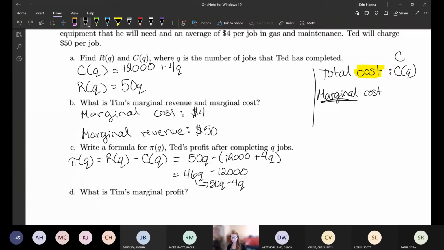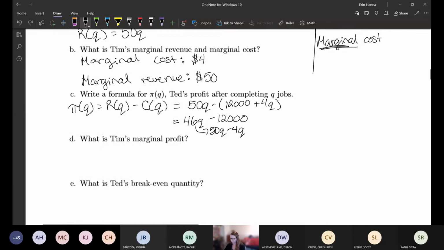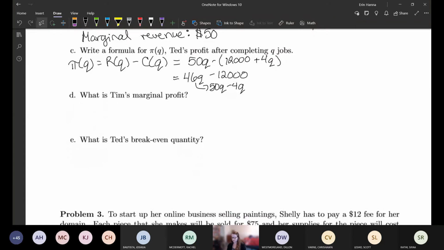Every once in a while, I'll ask what the marginal cost is. In a later chapter, once we find another relationship for marginal cost, we'll be looking at it a bit more. But again, if they want marginal, they have to say marginal. If it doesn't say marginal, then it's talking about the regular one.